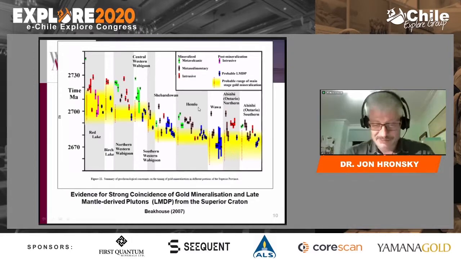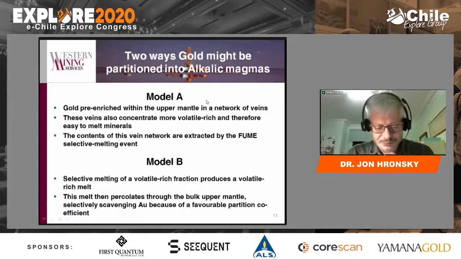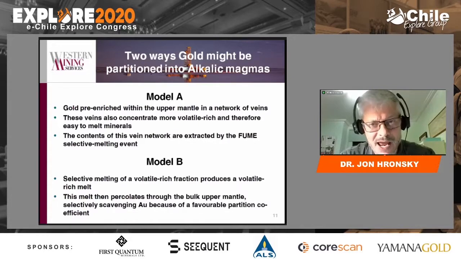So that's a pretty convincing relationship. So I think we have pretty good evidence that we partition gold into these alkalic magmas, and those alkalic magmas are then transferred into the crust to make gold deposits.